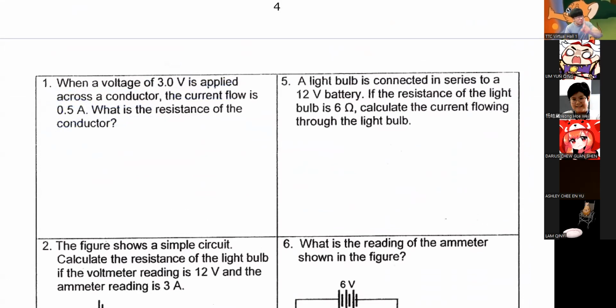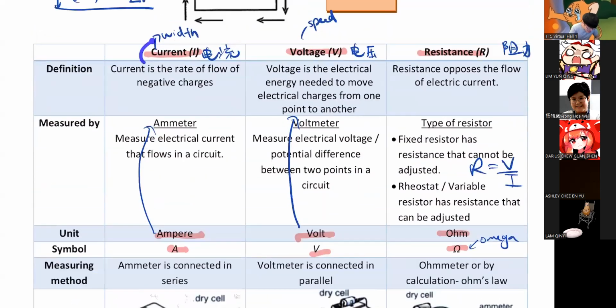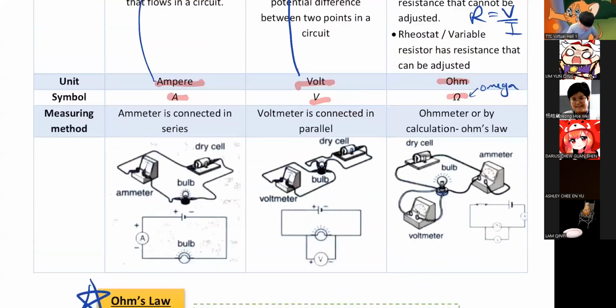So guys, when you do calculation like this, right? It is always a good habit to label your numbers. What do I mean? You see, voltage of 3, right? This is my V. I label this so I don't get confused. And then the current flow is 0.5. So current is I. Don't get confused.